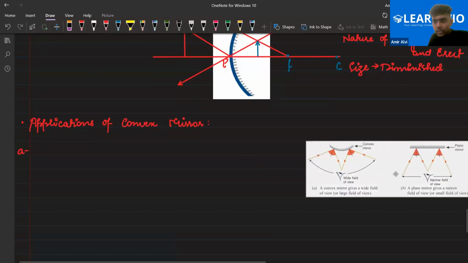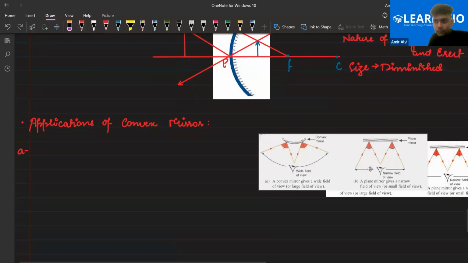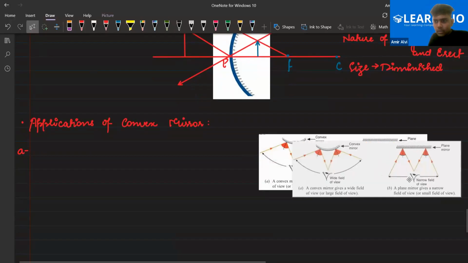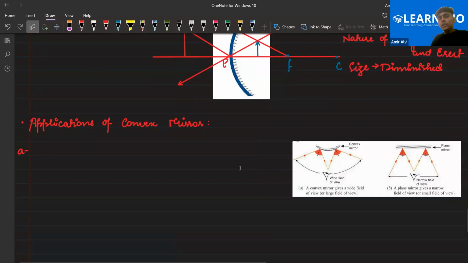So a convex mirror is used as a rear view mirror in vehicles to see the far objects, because the convex mirror provides a wide field of view as compared to a plane mirror, while a concave mirror provides less field of view than the plane mirror.